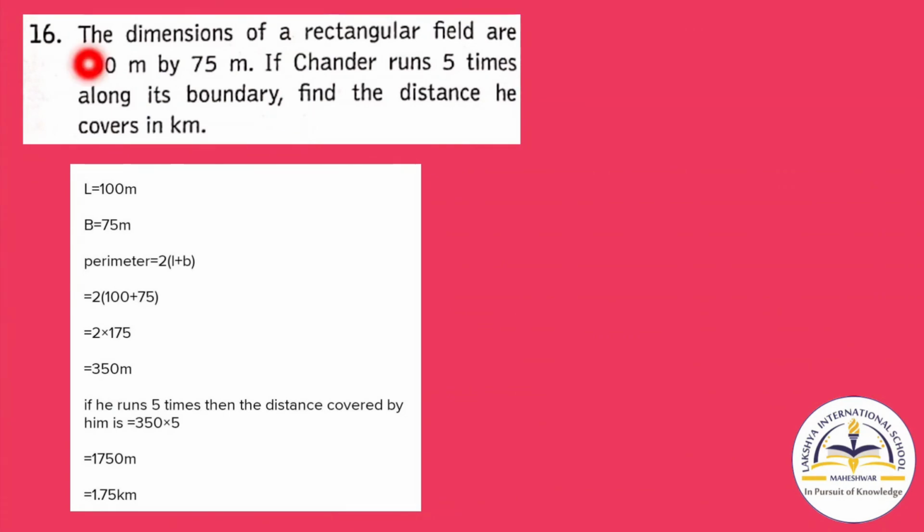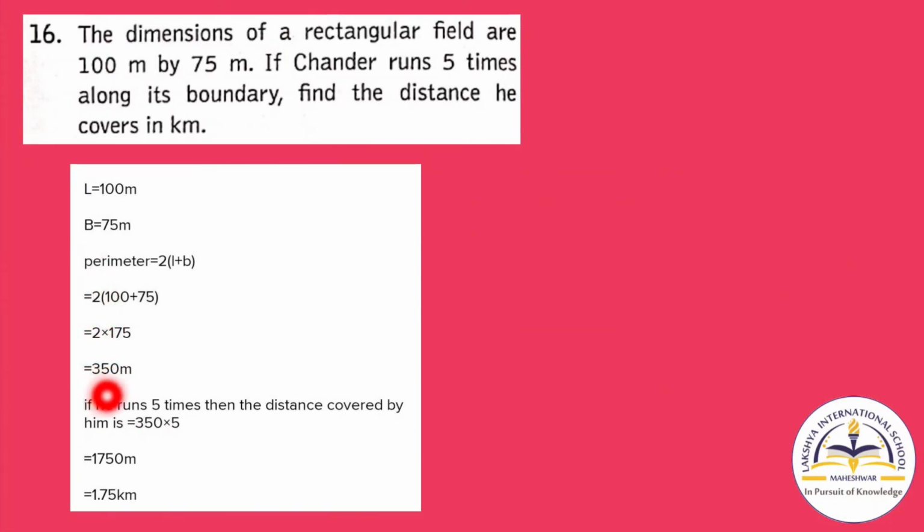Now question number 16. The dimensions of a rectangular field are 100 meter by 75 meter. If Chandar runs 5 times along its boundary, find the distance he covers in kilometer. So the length is given, that is 100 meter, and breadth is 75 meter. Now we have to apply the formula of perimeter.